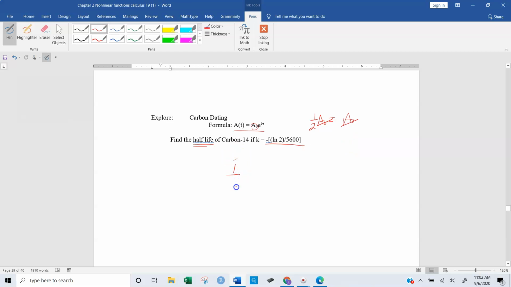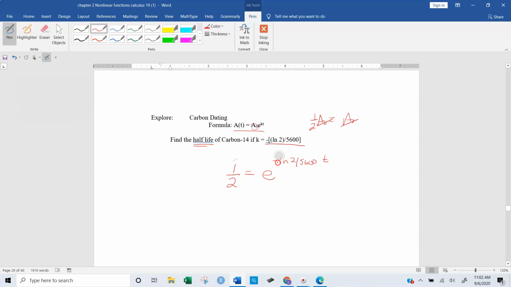So we're just going to plug in 1/2 is equal to, my initial was A sub 0, which canceled out, e to the negative natural log of 2 divided by 5600 t. Now we need to look at this carefully because this natural log is telling us something.